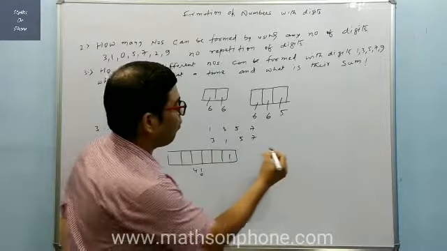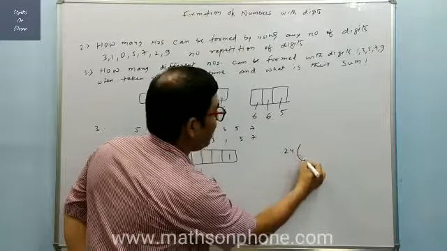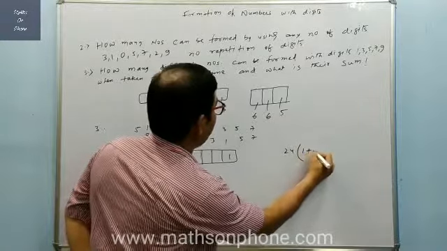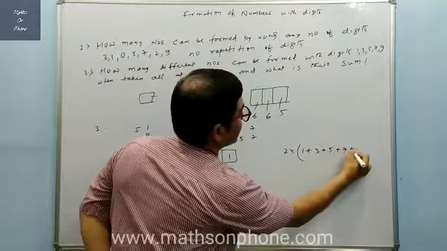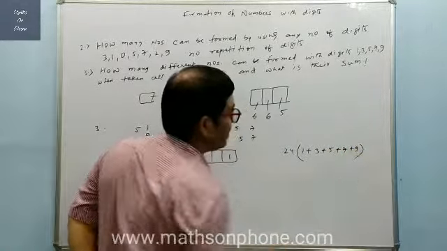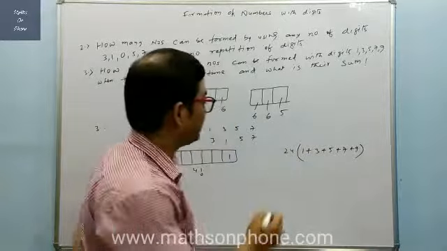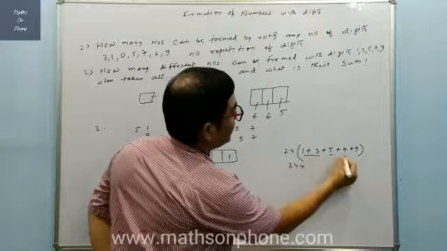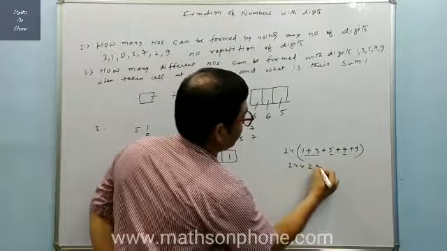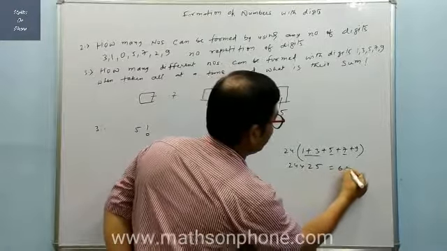So the sum of all the numbers at the unit place is 24 into (1 plus 3 plus 5 plus 7 plus 9). This is the sum of the digits at the unit place. So it comes out to be 24 into 25, which is 600.